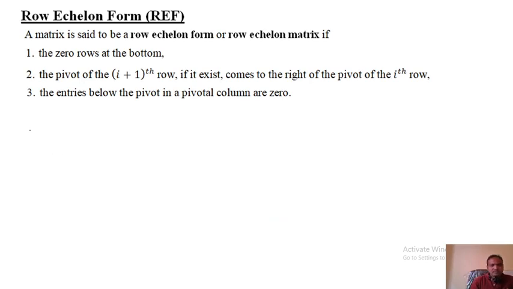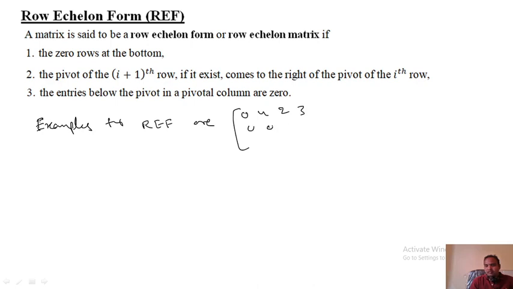For example, examples for row echelon form. Suppose a matrix like this: 0, 4, 2, 4, 2, 3, 0, 0, 1, 1, 0, 0, 0, 0.